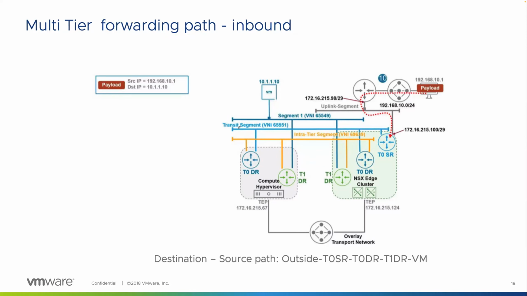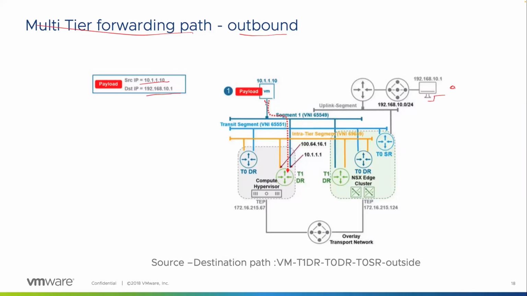Firstly, the payload just gets sent out to their gateway, which is the closest DR, because this VM is sitting on this TN, right? So there are T0 DR and T1 DR sitting on this transport node.